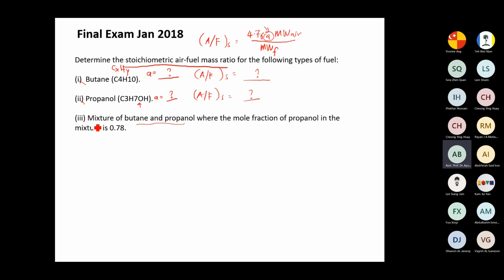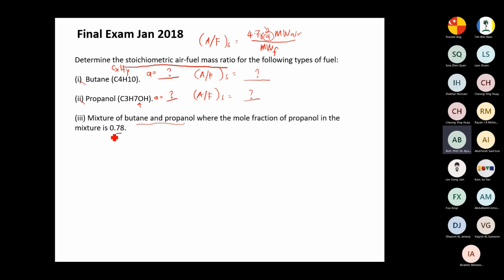Now for number 3 over here, the fuel is a mixture of butane and propanol, where the mole fraction of propanol in the mixture is 0.78. Mole fraction.